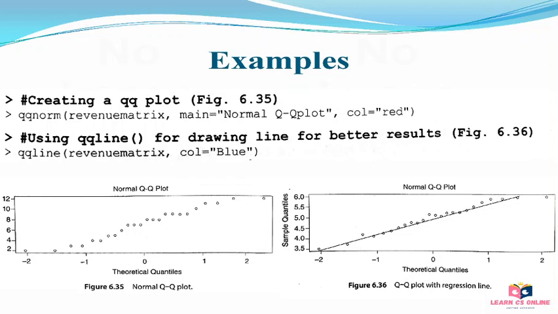This QQ plot helps in determining the normality of the observations. If very few dots remain outside the line, this means that the data is normal. The faraway dots act as outliers. The images of the QQ plot are also given here.